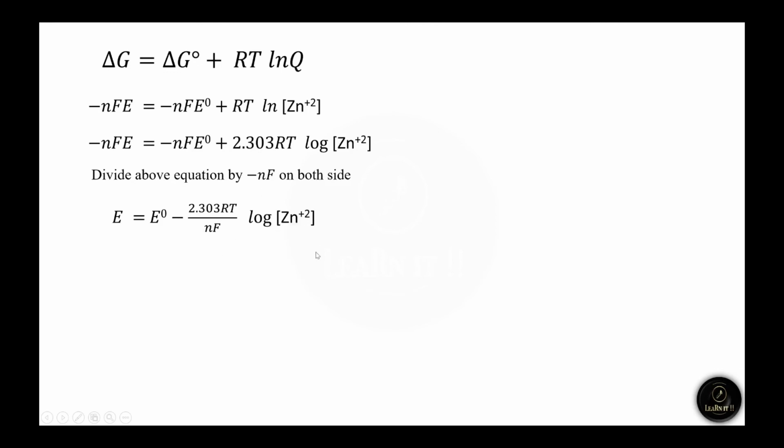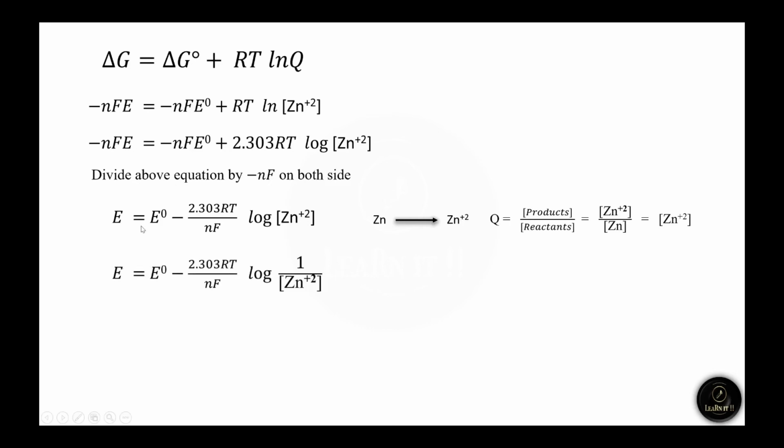Here we must know that the reaction is oxidation. That's why this Q is concentration of Zn+2. But in general, we took reduction reactions. That's why this formula becomes E is equal to E naught minus 2.303 by NF log of 1 by concentration of Zn+2.